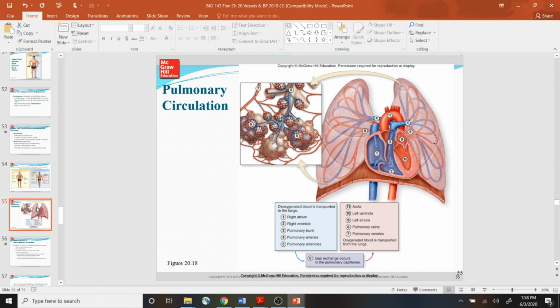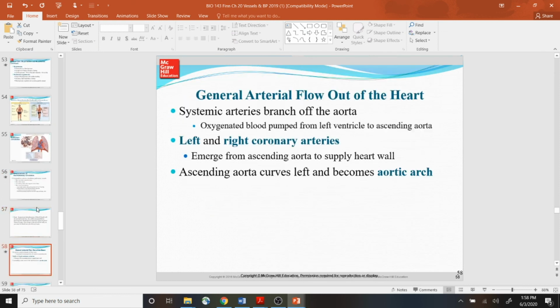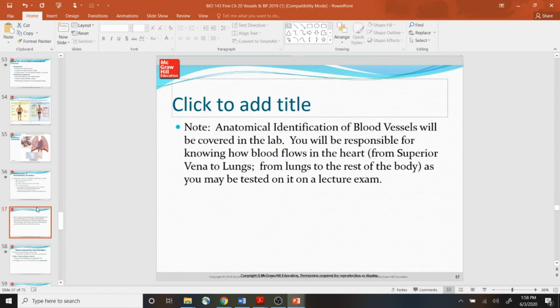So the rest of the slides pretty much are anatomical definitions of blood vessels. I will be making a separate lab video for that. Again, you're going to see some of these anatomical features on a lecture exam.